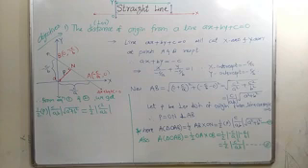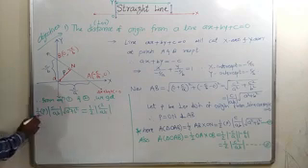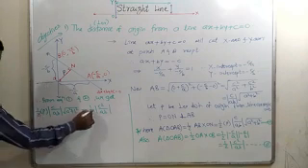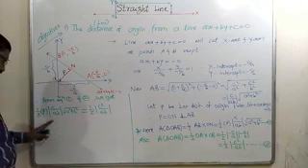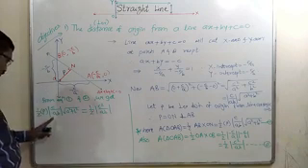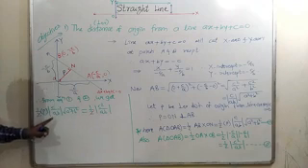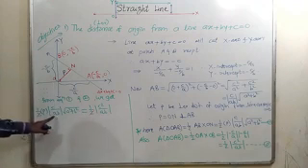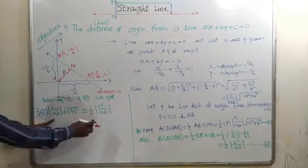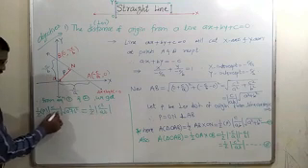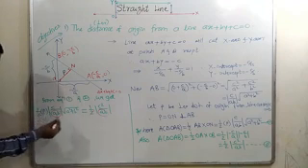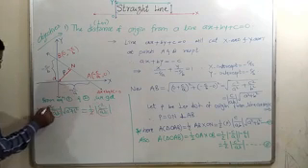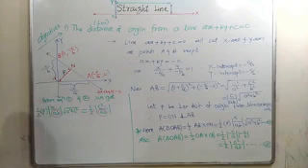So what do we get now? Cancelling these two, this AB and this AB get cancelled, and one C gets cancelled from both sides.